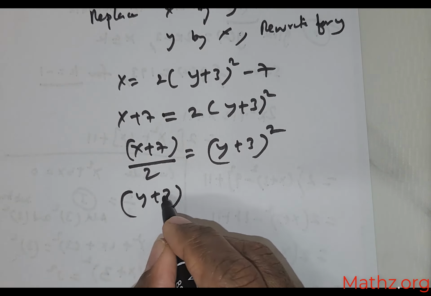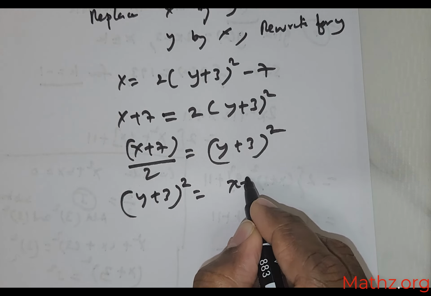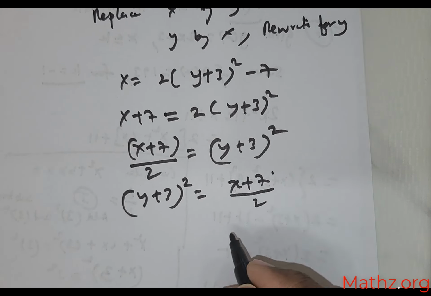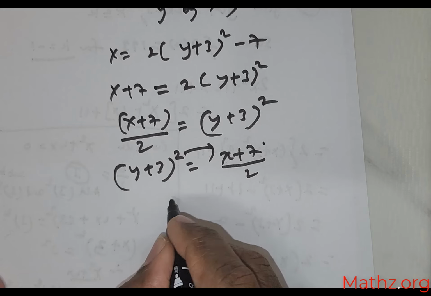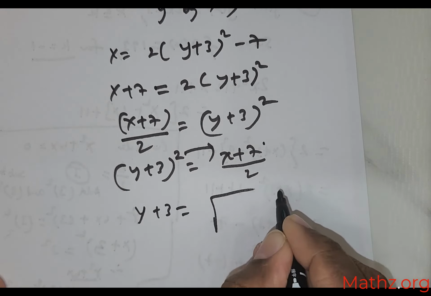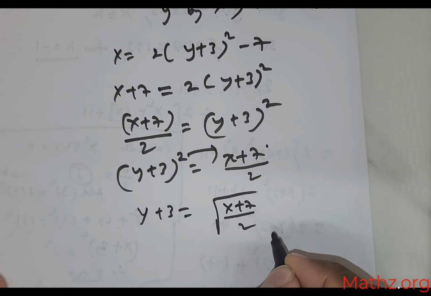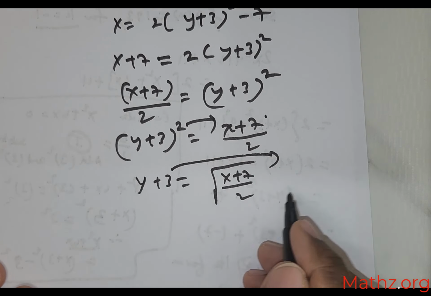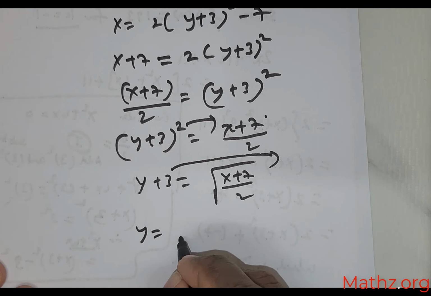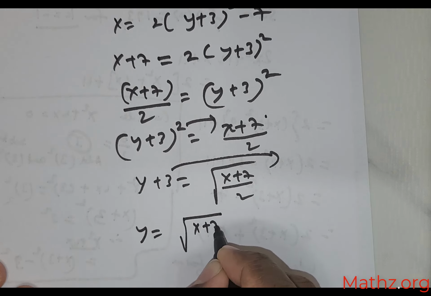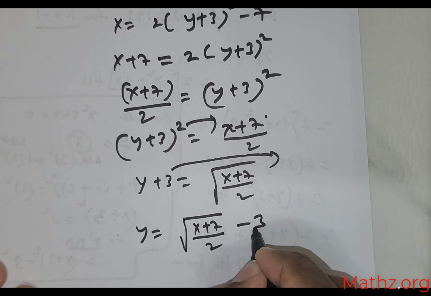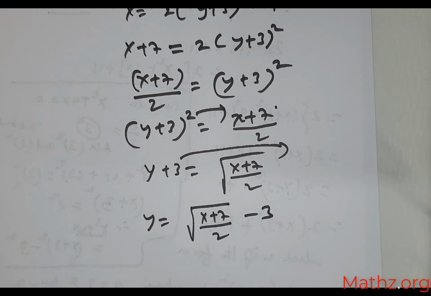I prefer to write it like this: (y + 3) the whole squared is equal to (x + 7) divided by 2. Move this 2 to the other side, so you get y + 3 equal to the square root of (x + 7) divided by 2. Move the 3 to the other side, so y is equal to the square root of (x + 7) divided by 2, - 3.